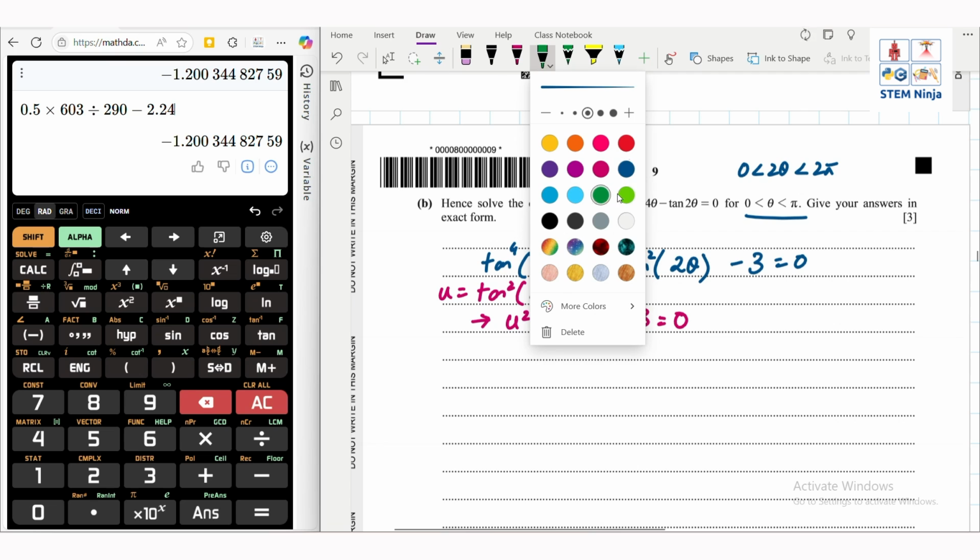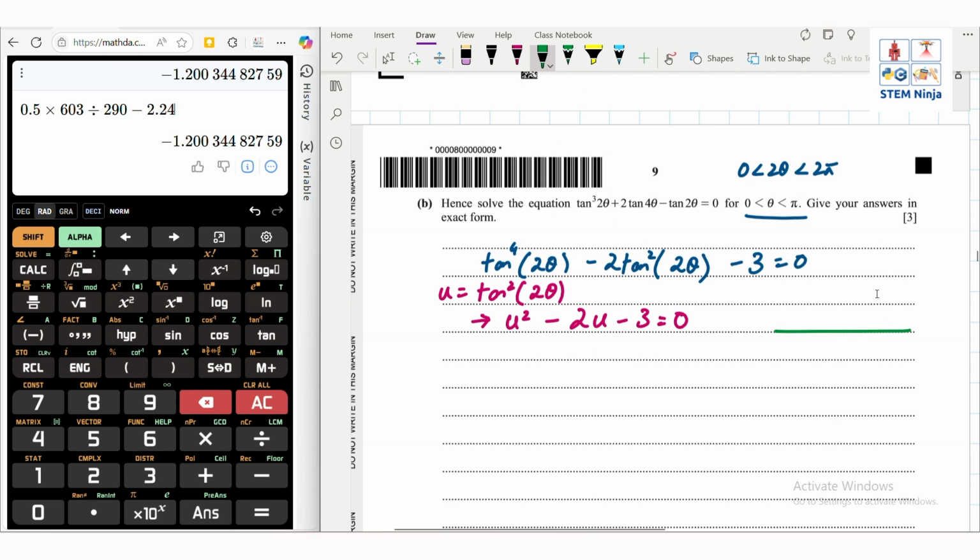So let's see if we get any factors. So u squared minus 2u minus 3, so u, 3, and 1. Yes, so 3u, minus u, minus 3. All right.